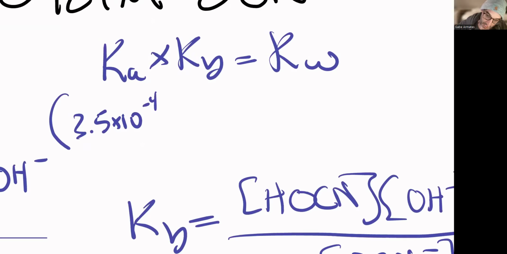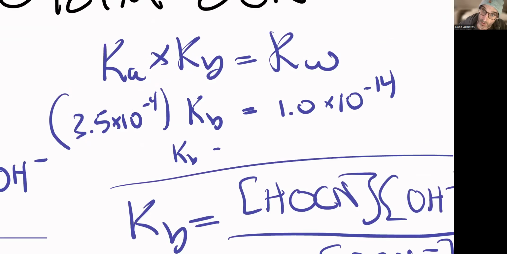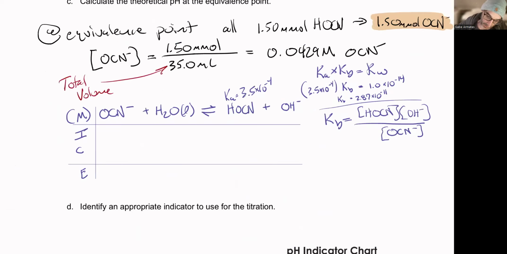I am looking for Kb, and I know Kw, 1 times 10 to the negative 14. So I can solve for my Kb value, which is 2.87 times 10 to the negative 11. Perfect. So now that I have that, now we can start plugging things in.